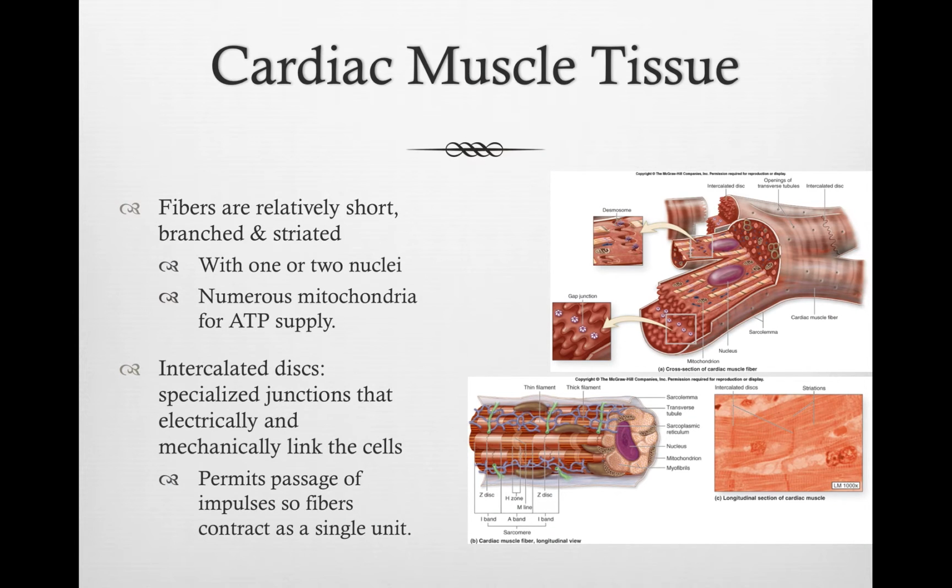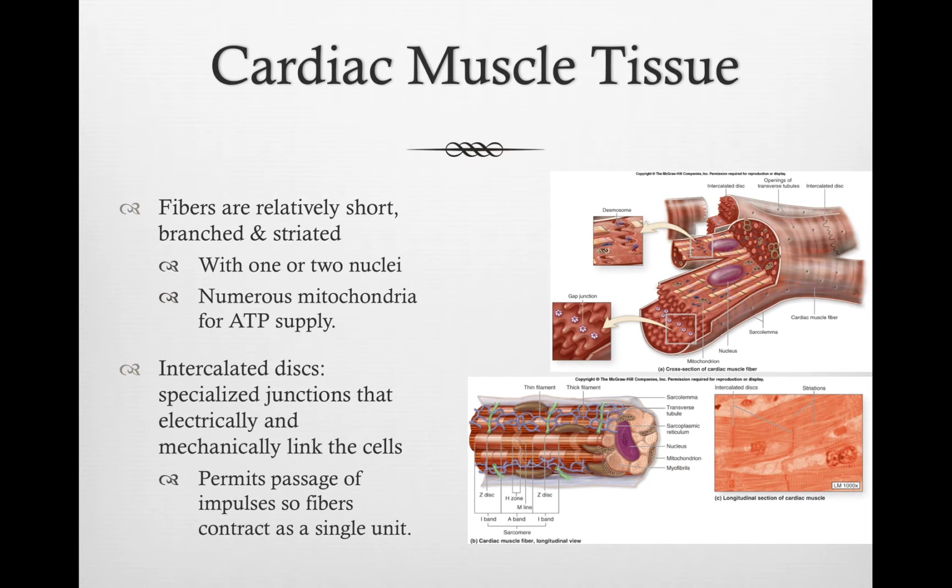Now, a few short words about cardiac muscle tissue before we get into the actual heart. Remember that the fibers of cardiac muscle are relatively short. They're branched fibers, and they're striated. So in that way, they're very much like skeletal muscle.